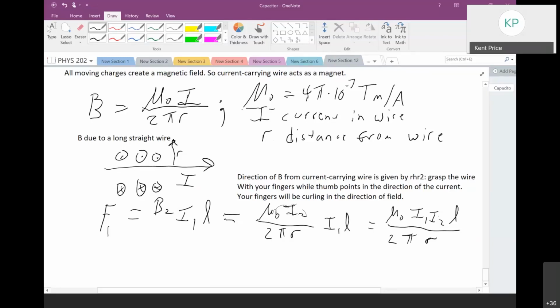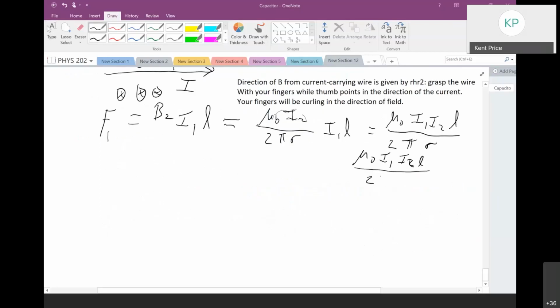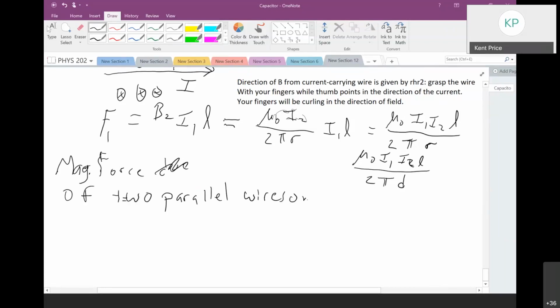But if you want this equation to look exactly like it looks in the book, then we need to write mu0 I1 I2 L over 2 pi D, where D is the separation of the two wires. L is the length of the wire. And this is for the magnetic force of two parallel wires on each other.